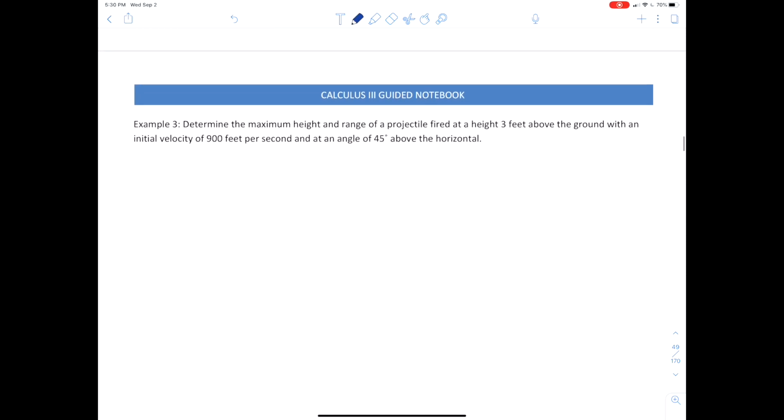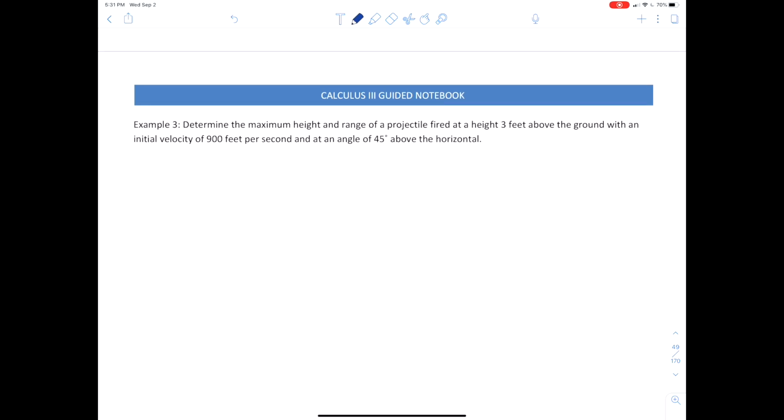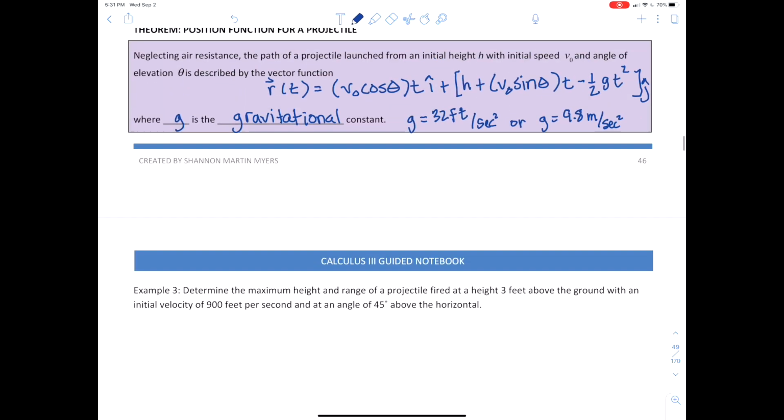So let's take a look at this next example. Determine the maximum height and range of a projectile fired up at a height of 3 feet above the ground with an initial velocity of 900 feet per second and at an angle of 45 degrees above the horizontal. So let's see what we've been given.